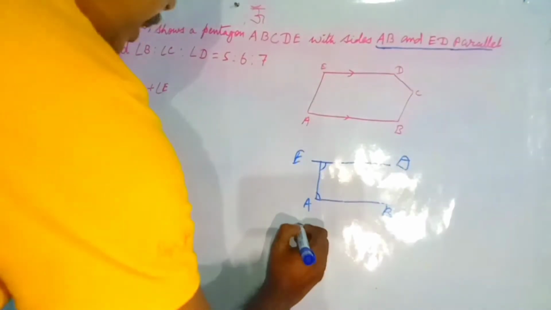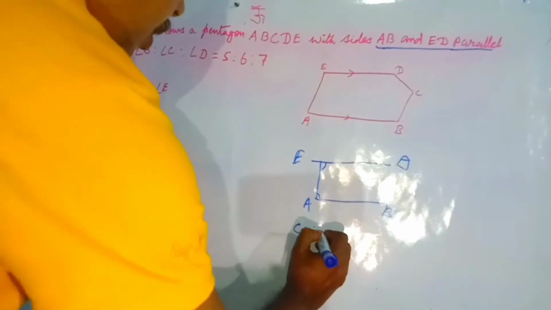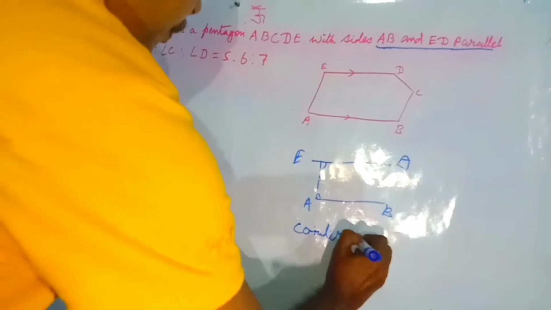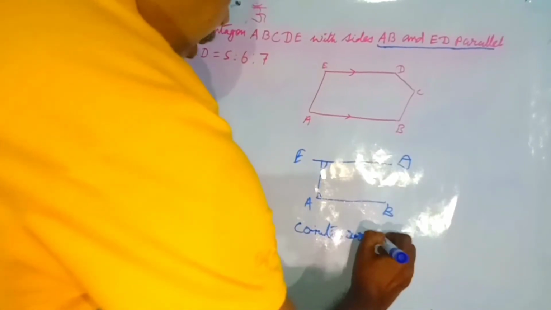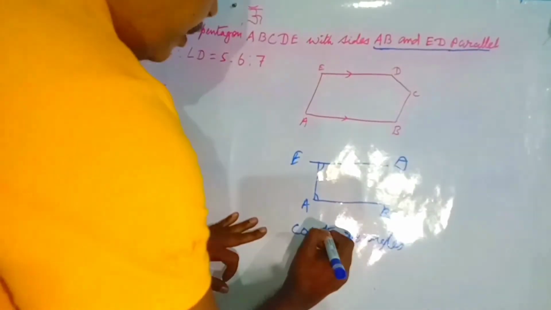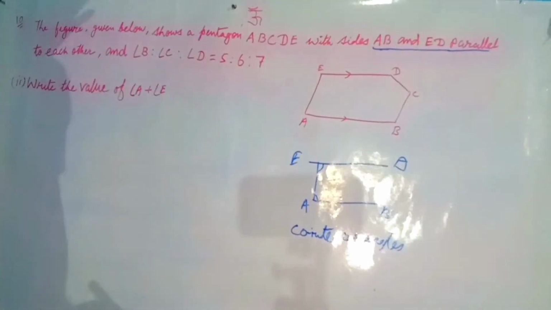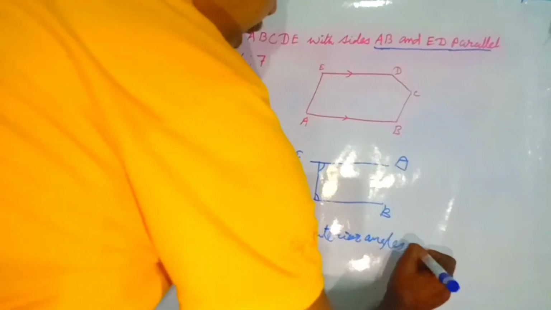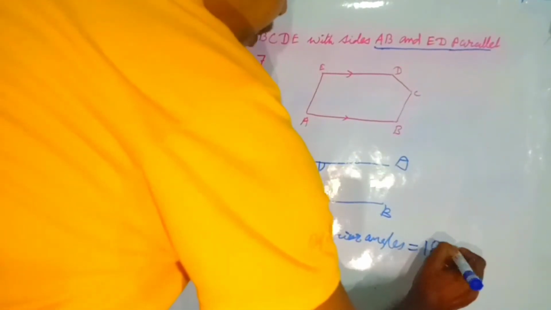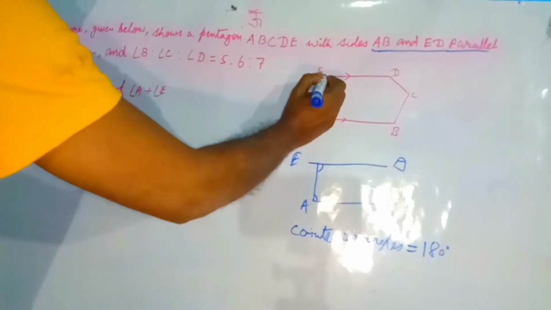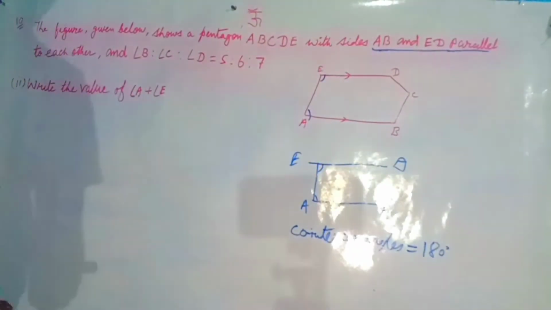These are co-interior angles. Some people also call them allied angles, and we know the sum of co-interior angles equals 180 degrees. So we understood that this one is a co-interior angle.